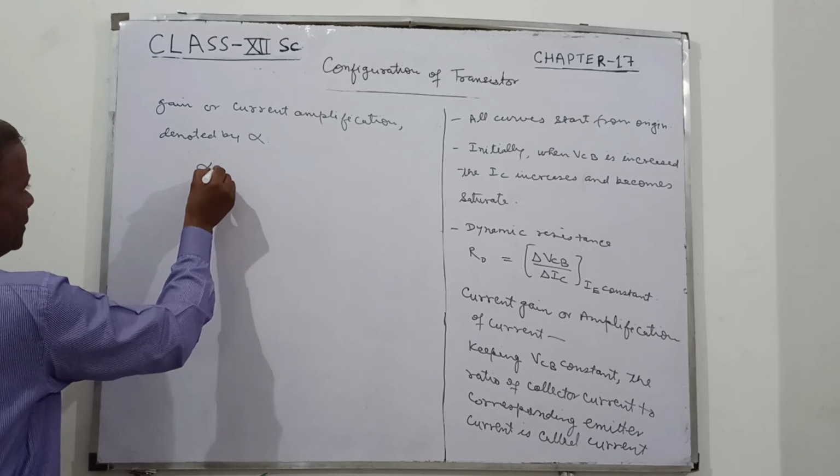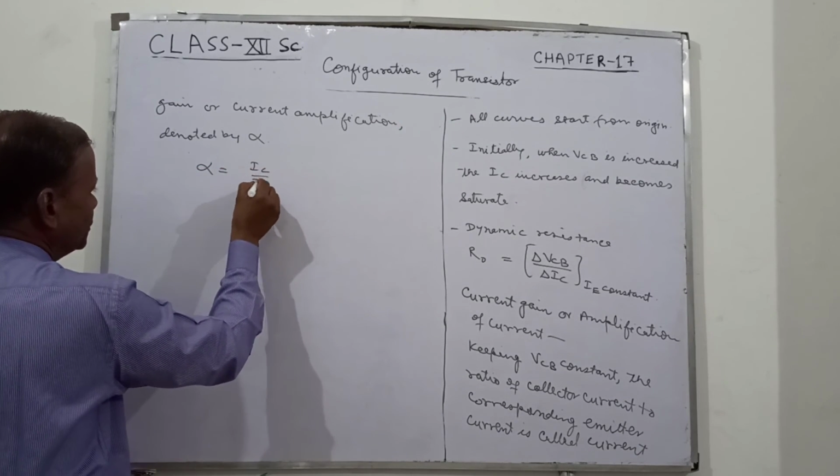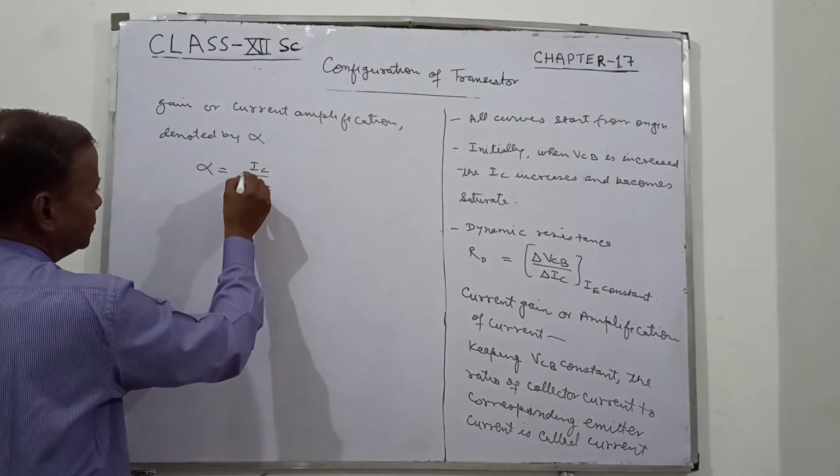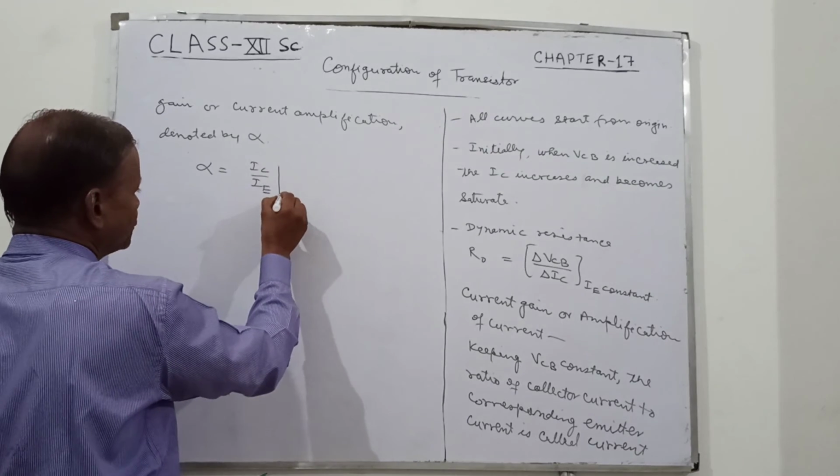So alpha equal to IC upon IE, when VCB is constant.